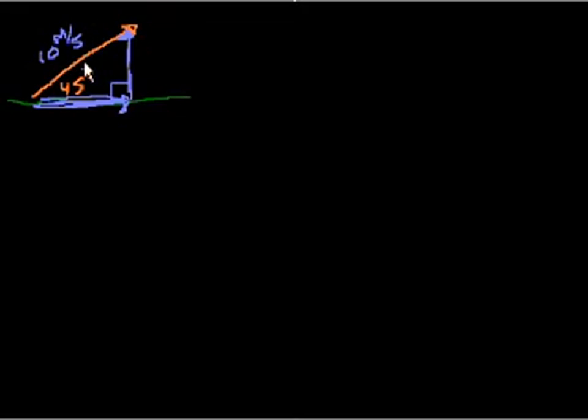And we said from the previous presentation that the length of this side, if you just use your basic trigonometry, would be the vertical component of my velocity. So that's v sub v, so v sub vertical, which is an unconventional way to write it, would be 10 sine of 45 degrees.